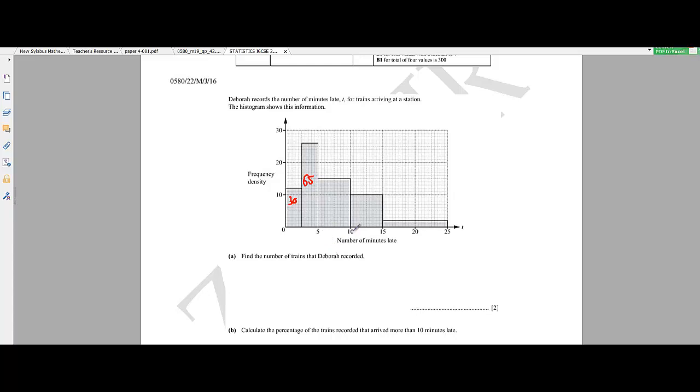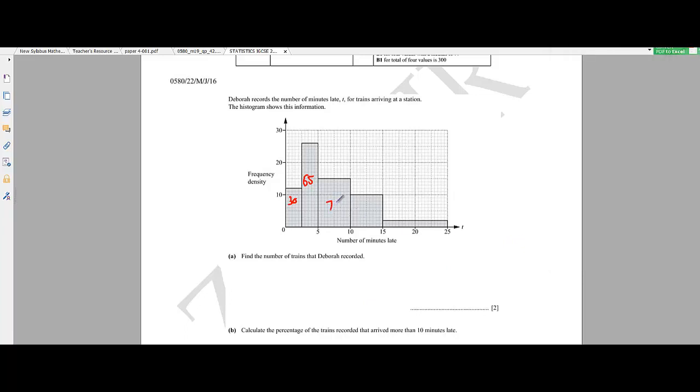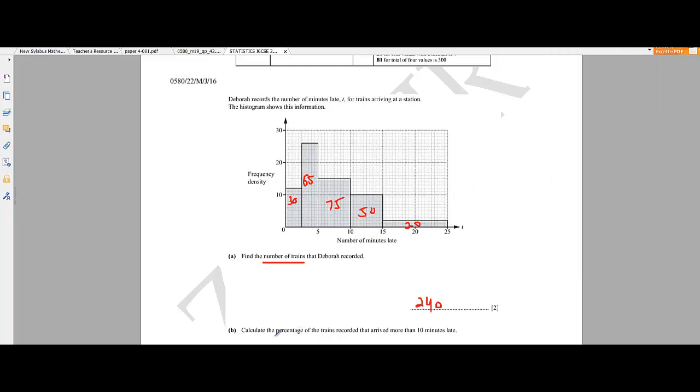In the same way, the width is 5 and the height is 15, so 15 times 5 is 75 trains here. In a similar way, add all these frequencies, and that will give you the total number of trains. There are 240 trains.